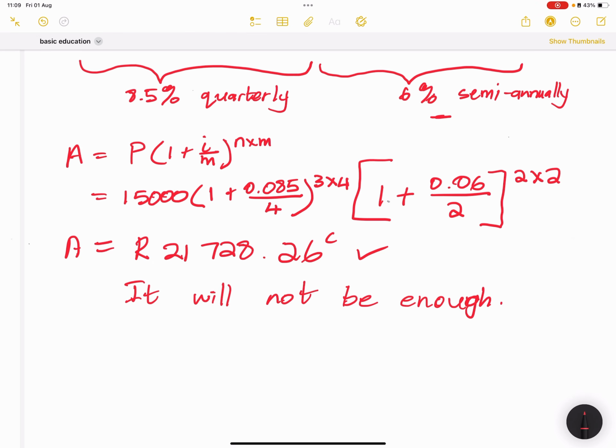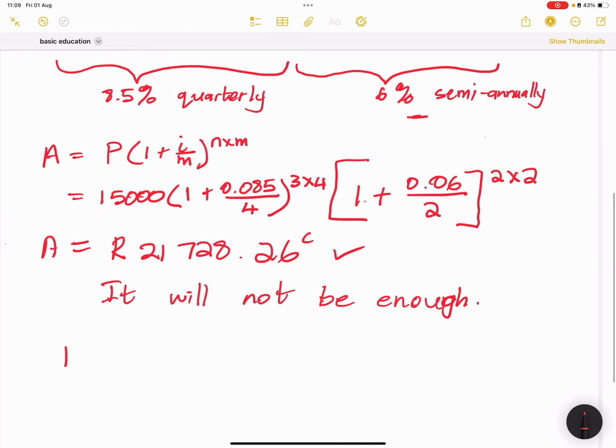We know that the amount of interest will be equal to the accumulated amount minus the principal amount. So in this case, that's 21,728 rands and 26 cents minus how much did Timo invest? That was 15,000.